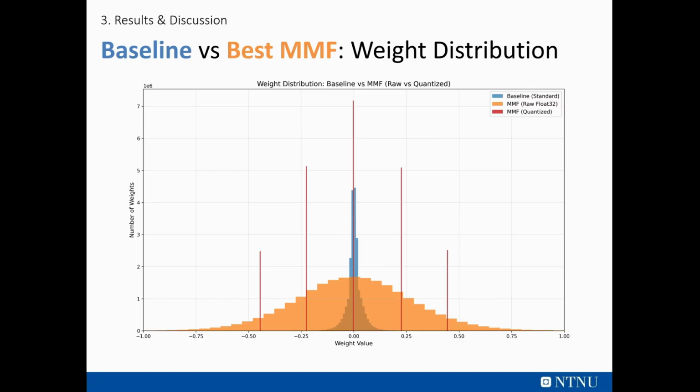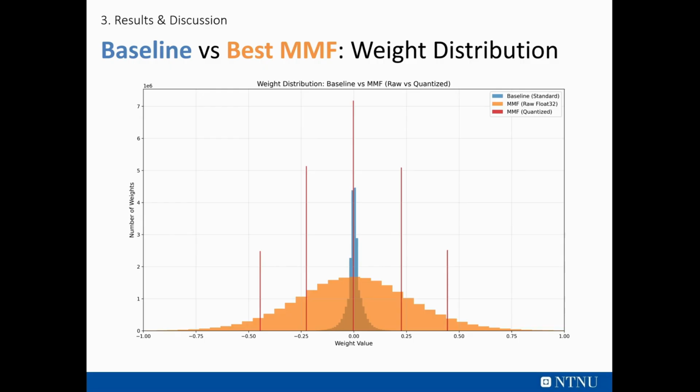If we look at the weight distribution from both models, here we can see that the baseline is much closer to zero. All the values of the weights are much closer to zero, while for the matmul-free, they are farther away from zero. In orange, we have the matmul-free weight values without being ternarized, and then in red we have the matmul-free values being quantized.